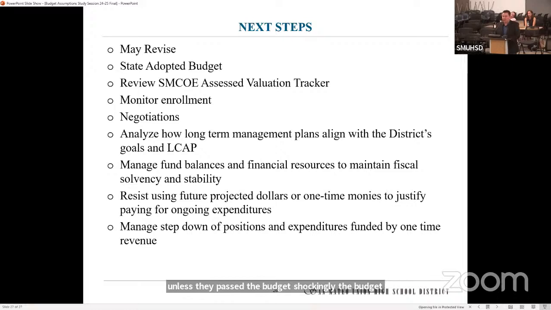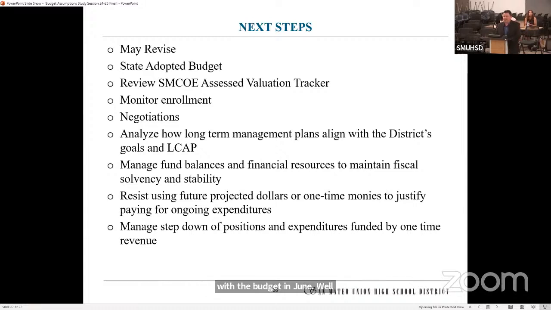We'll look at the San Mateo County Assessed Value Tracker. Look at that daily. We'll continue to monitor enrollment as that directly impacts staffing. Negotiations will be a big factor as we look forward. And then we'll analyze how the long-term management plan aligns with our goals and our LCAP as Dr. Kemke is working on finalizing that, which will come with the budget in June.